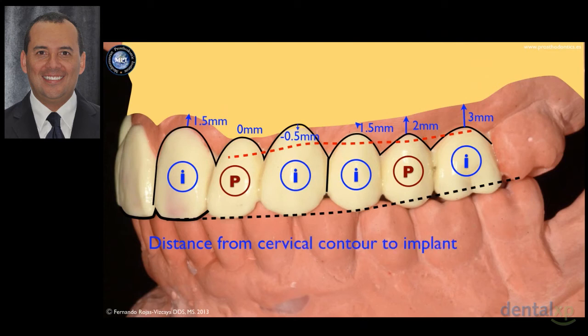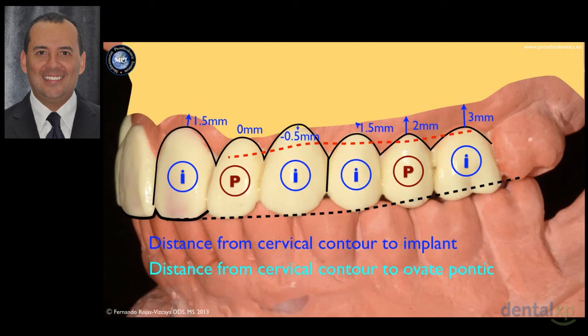Now I need to know also the distance from the margin or from the cervical contour to the implant. I always want 3 millimeters, but I want to know also the distance from the cervical contour to the ovate pontic, because where I have ovate pontic, below I will have acrylic or ceramic later.